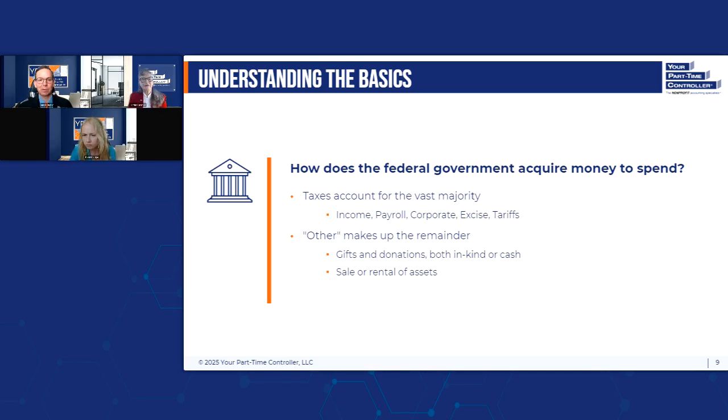I don't mean state or local governments. It's taxes. Income taxes paid by individuals make up almost half of the roughly $5 trillion expected in federal revenues in 2025, and payroll taxes are not far behind. We have a nice visual on the next slide, actually.